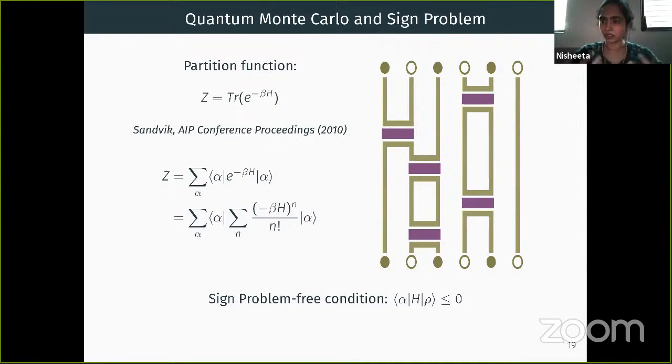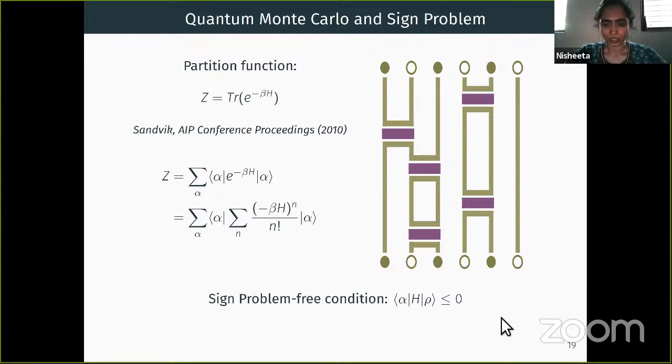These are a set of configurations which have a certain weight. These weights are proportional to the matrix element of the operator (-βH)^n. And for each configuration to have a positive weight, we want the matrix elements of H to all be negative.